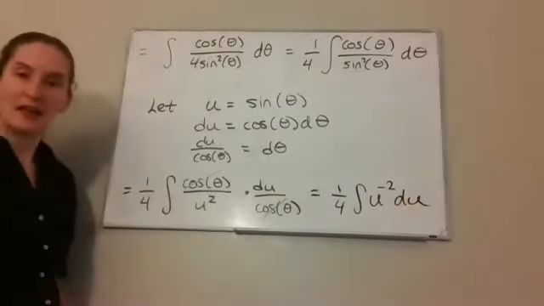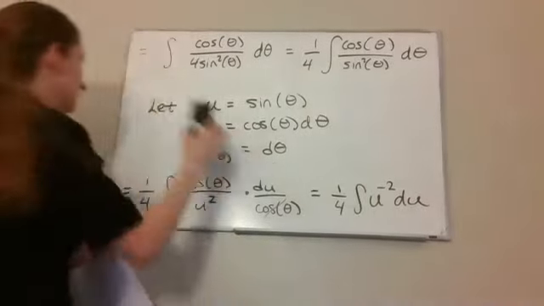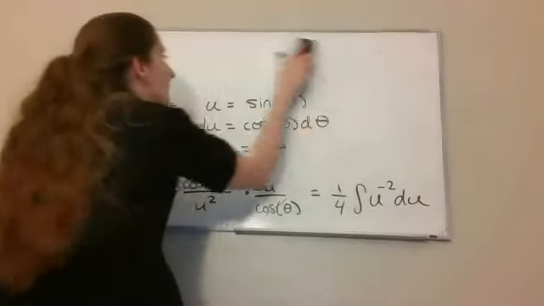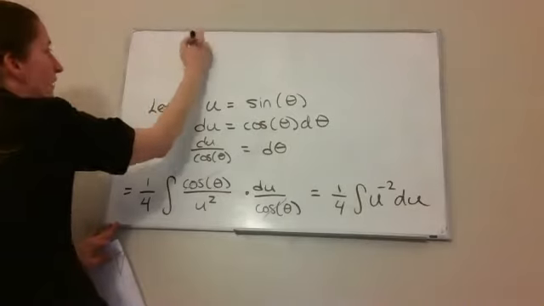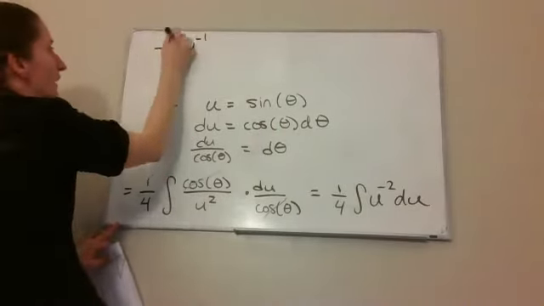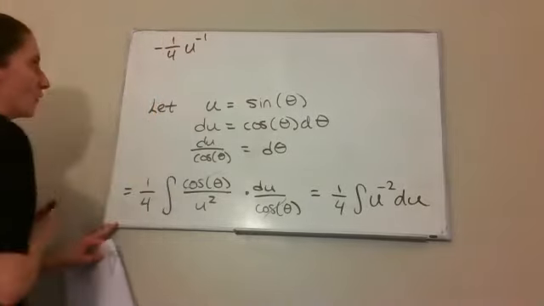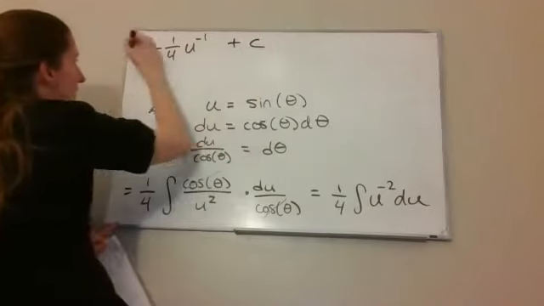So now I'm ready to integrate this just using a power rule. Using the power rule, we're going to end up with a u to the negative 1 and divide by a negative 1. So that makes it negative 1/4 u to the negative 1 plus our constant.